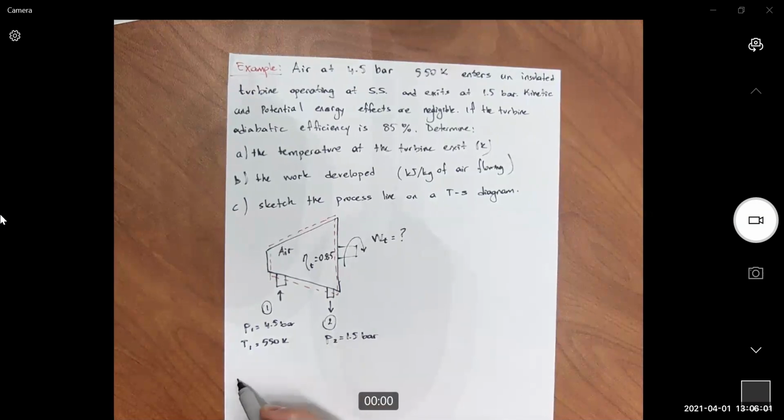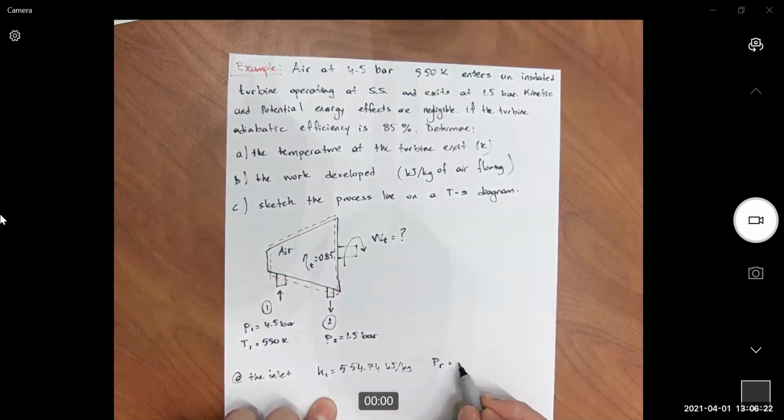At the inlet, enthalpy can be found from the table. It is 554.74 kilojoules per kilogram. And PR is 11.86. Remember, we introduced PR, VR, and S0 in our previous section.